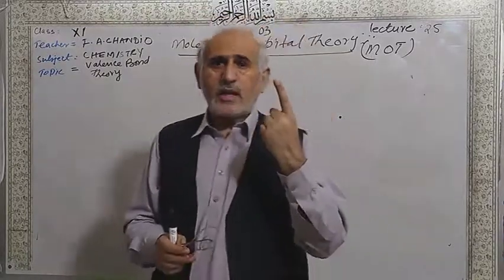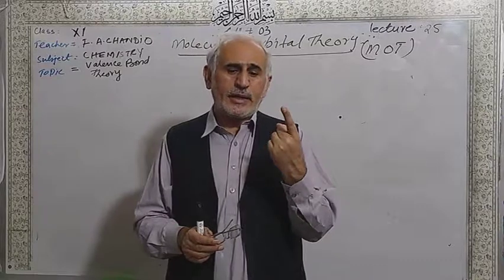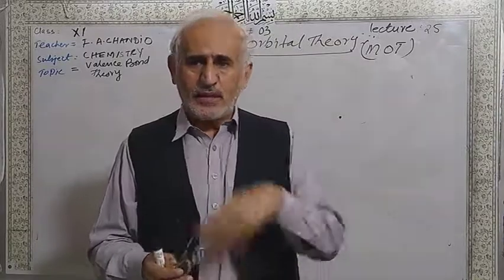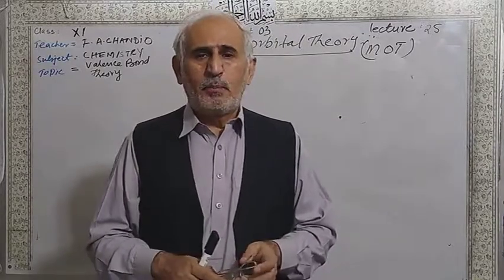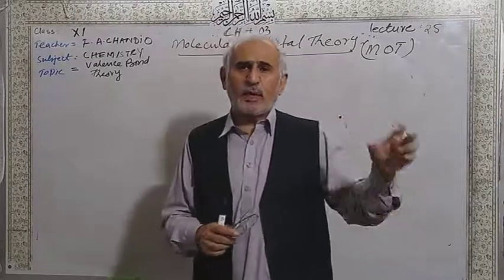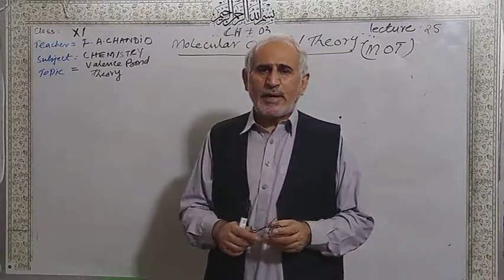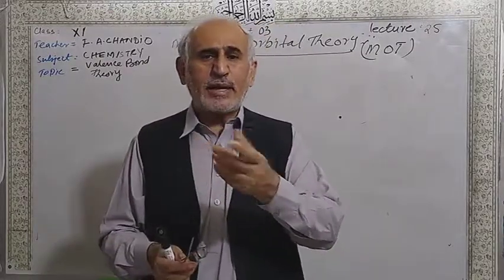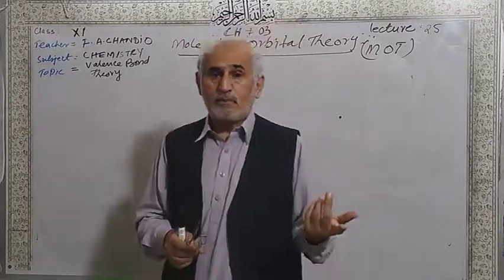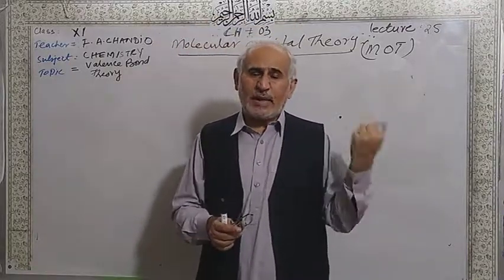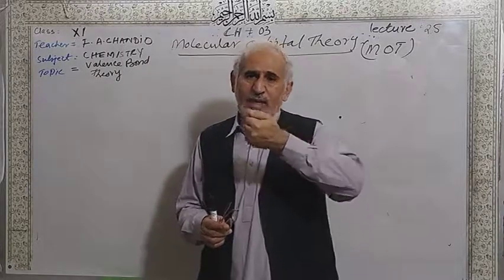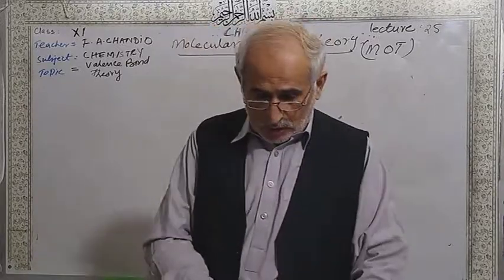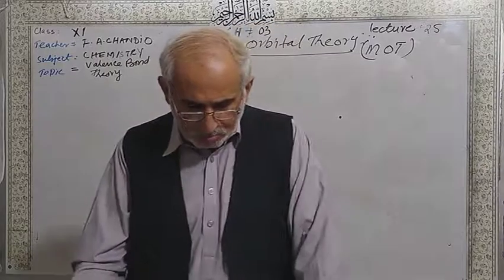The first advantage of this theory is that it explains the paramagnetic nature of oxygen and other elements. As you did in the very last topic of chapter number 2, paramagnetic substances are those which are slightly attracted towards the magnetic field due to unpaired electrons, and those substances which are weakly repelled by the magnetic field are called diamagnetic. So this theory explains paramagnetism.